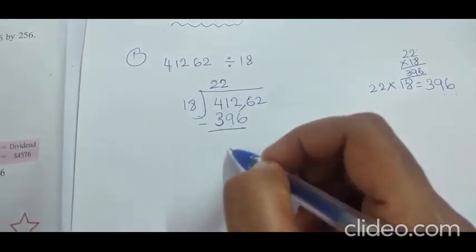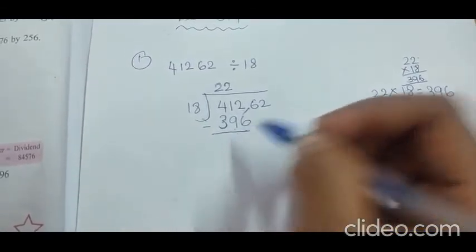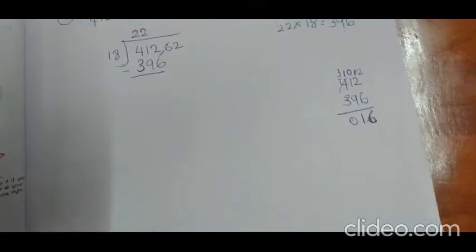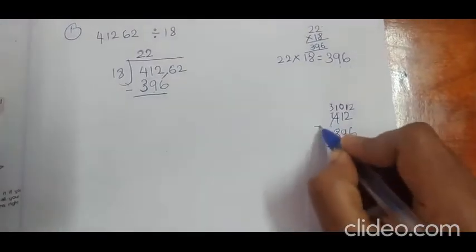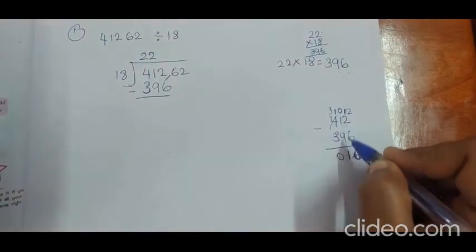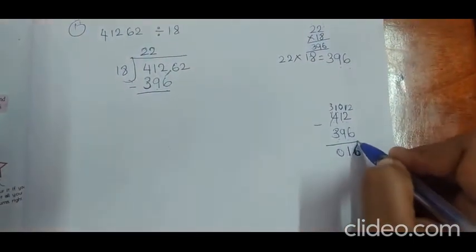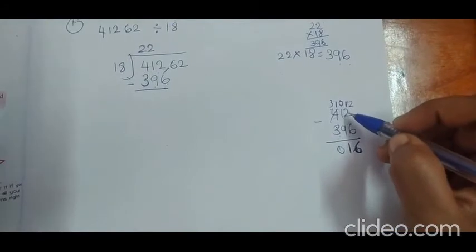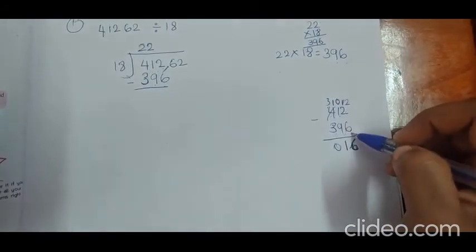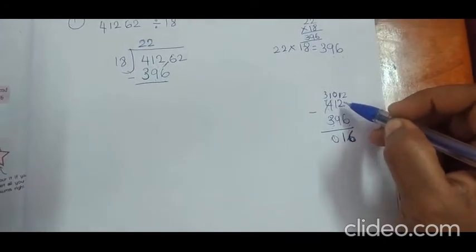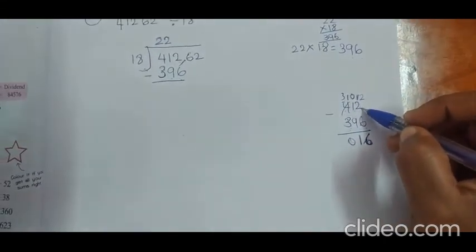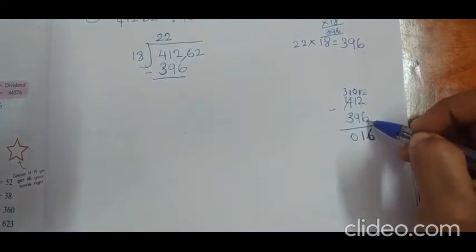We will get it here. I will minus and show you. 412 minus 396. Can we minus 2 minus 6? Not possible. So we will borrow 1. This 2 will become 12. 12 minus 6, 6.